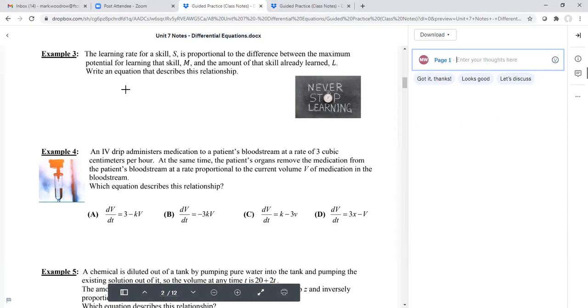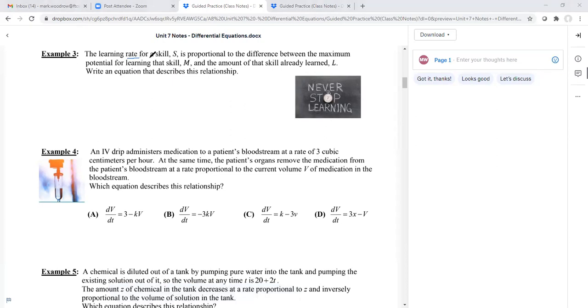So this one is going to be, and again, this says a learning rate. A learning rate for this S means it's a derivative of S because rates are derivatives. So we would say dS with respect to time, dt down here, and it says proportional to, so that's going to be k times something.